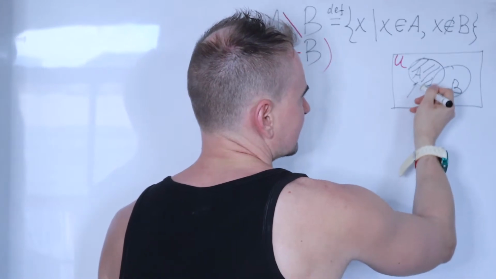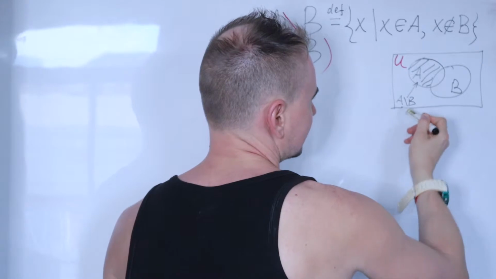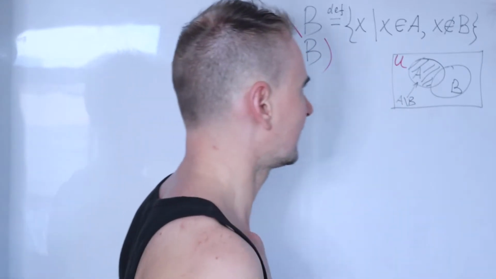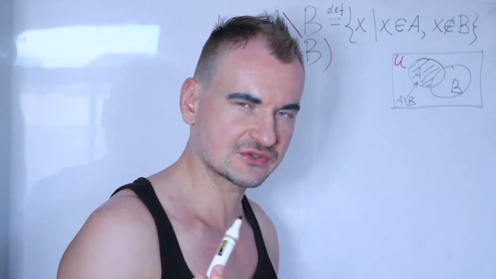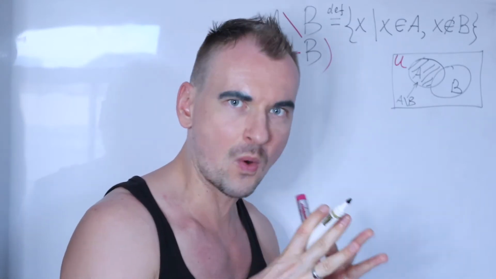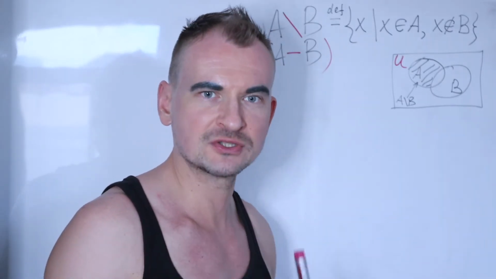So this is A difference B. They are in A but not in B. So that's all elements that belong to set A but do not belong to set B.